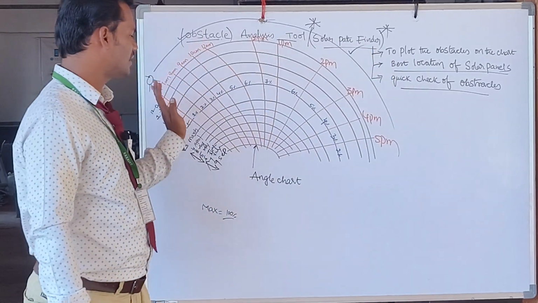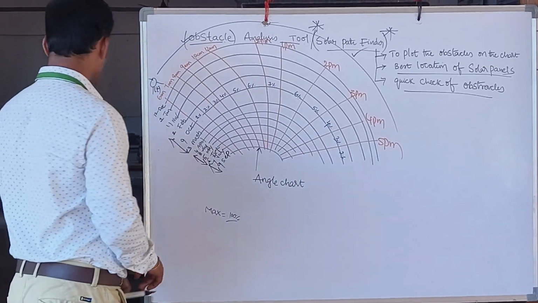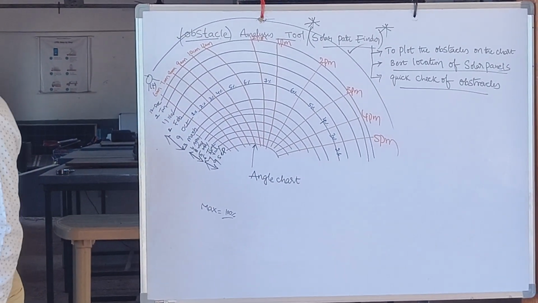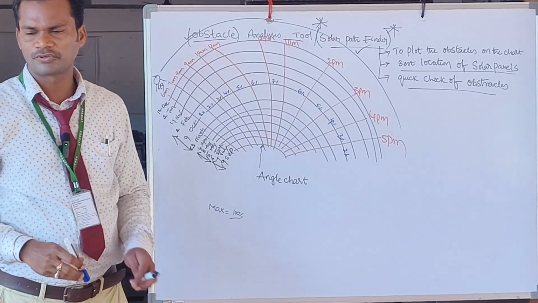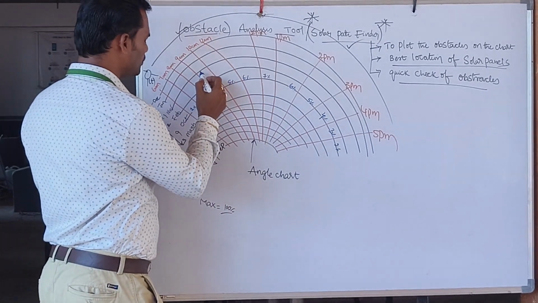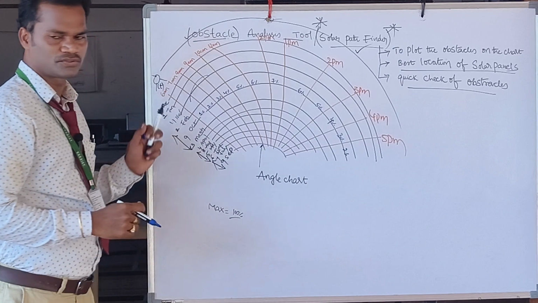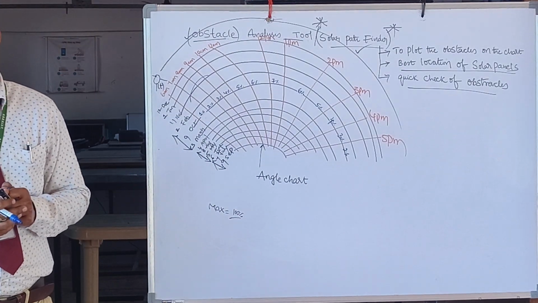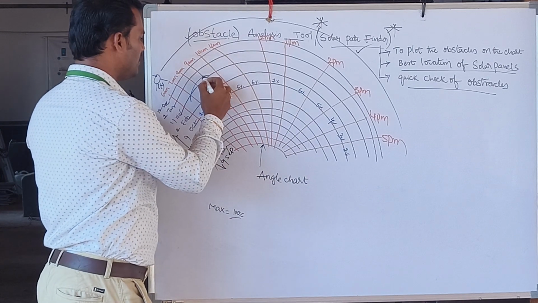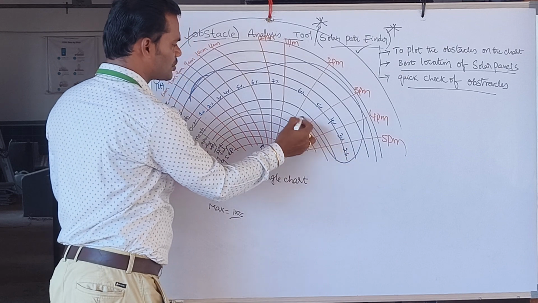Now we are very clear about the horizontal lines and vertical lines. Now assume that we placed this solar pathfinder in a location where we are going to install the solar panel. Automatically, this complete diagram will be converted, and the shaded area will be shown like this.